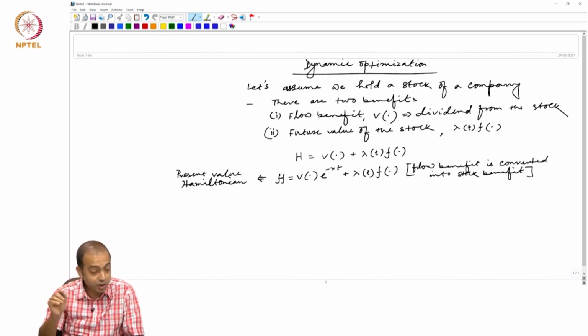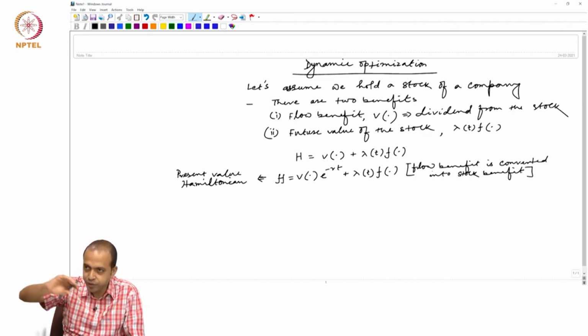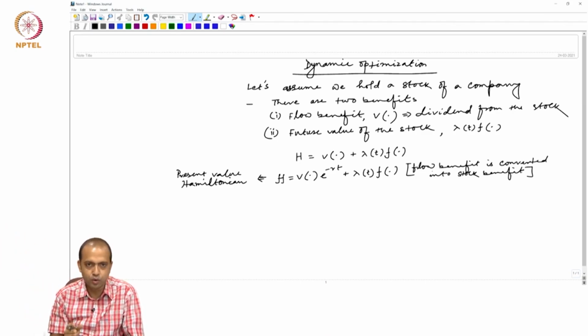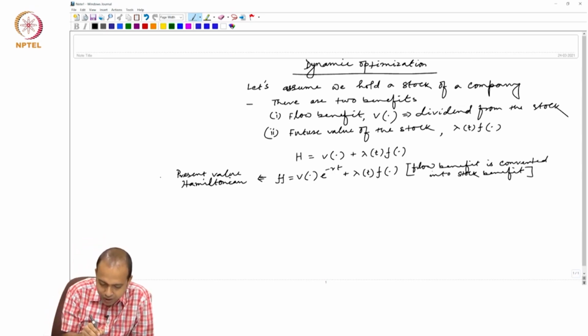By stock I mean the benefit which is realized at present. Instead of getting the benefit over a period of time, I want to get it now. So, then obviously you need to convert this v function into present time by discounting it, where r is the discount rate. So, you have to multiply that with e to the power minus r t. So, this is one type of Hamiltonian function.